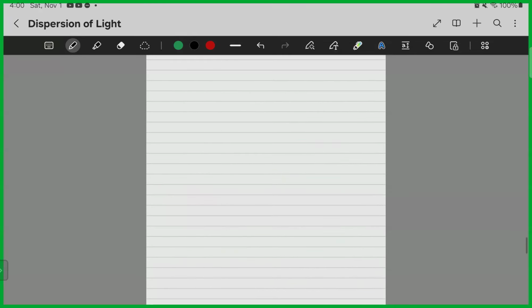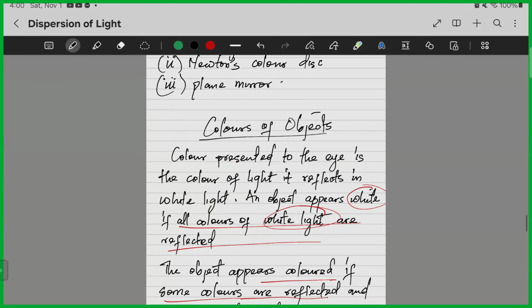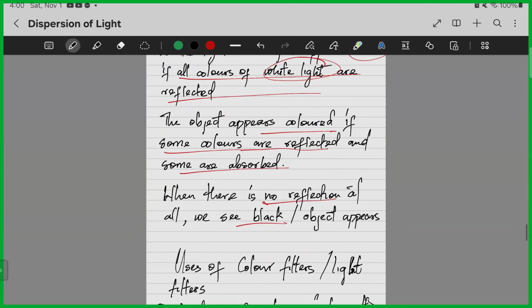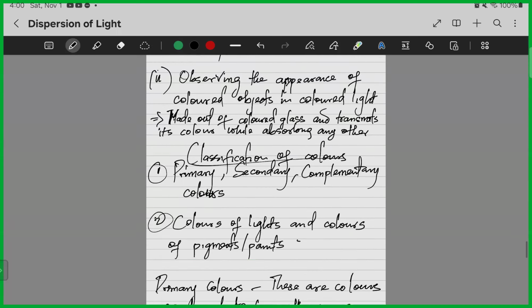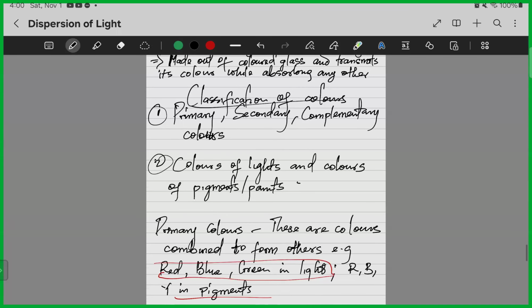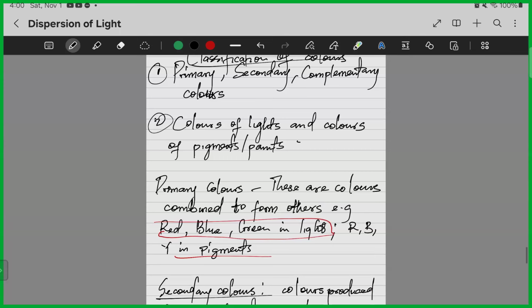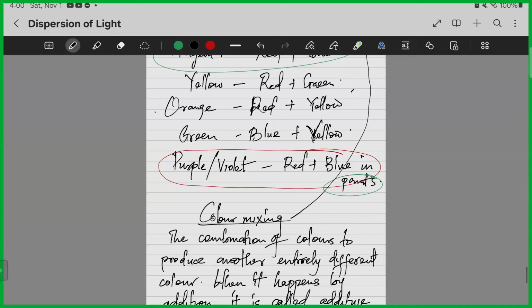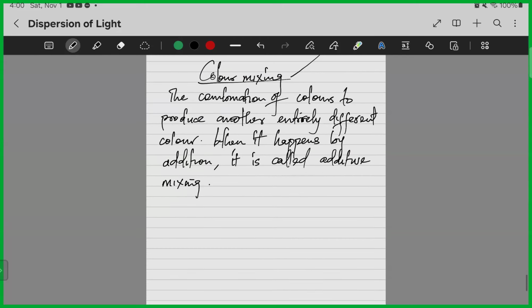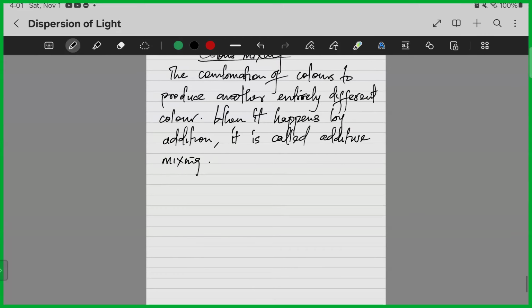While we spoke about the classifications, I think we have talked about colors of light. I can talk about color pigment, but right now we're talking about additive mixing.